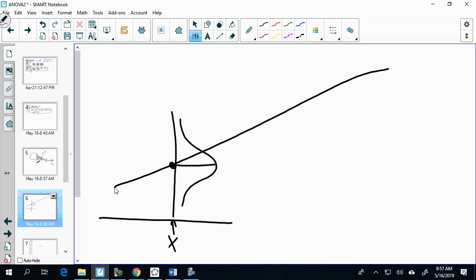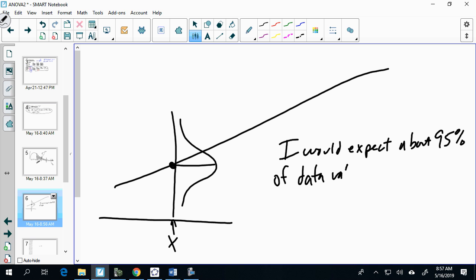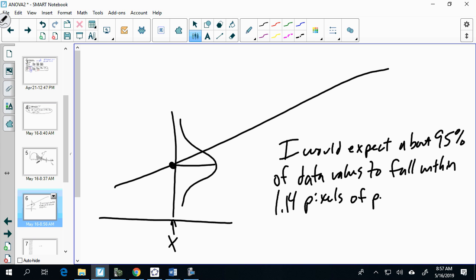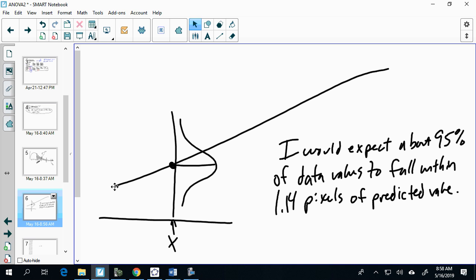So an interpretation would be, I would expect about 95% of data values to fall within 1.14 pixels of the predicted value. 1.14 up, 1.14 down.